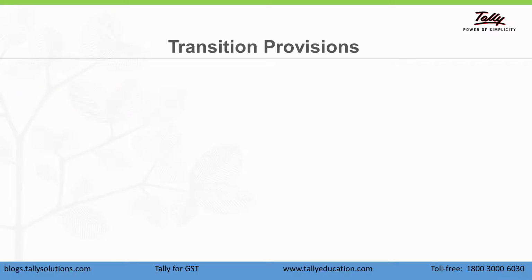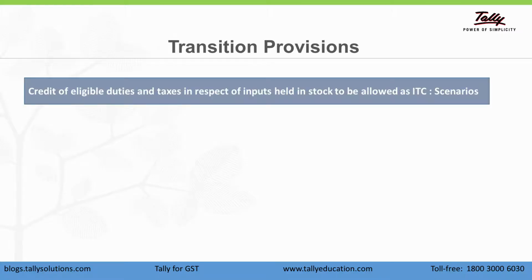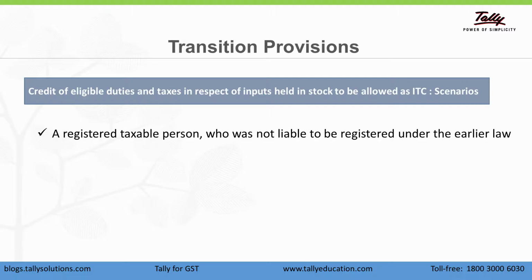Let us now see the provisions with respect to tax paid on inputs in stock on the day of transition to GST. Can input tax credit be claimed on them? On the day of transition to GST, there will broadly be 4 types of businesses. A registered taxable person who was not liable to be registered under the earlier law.